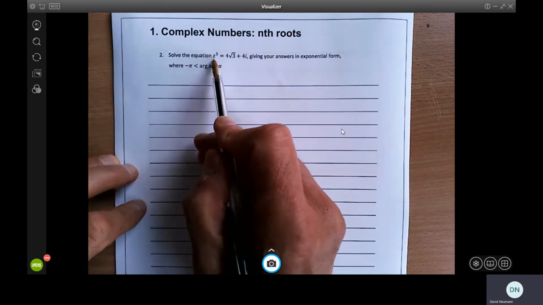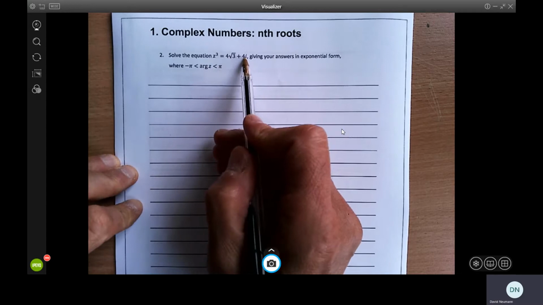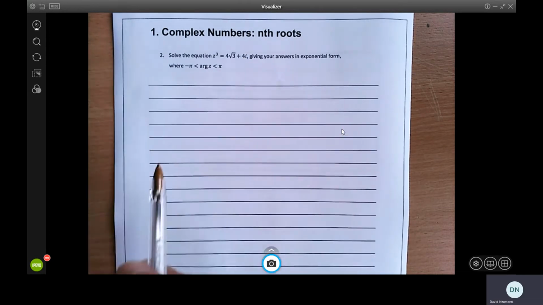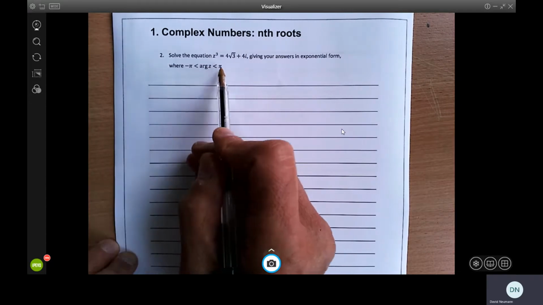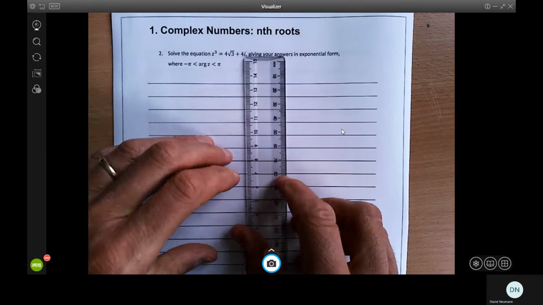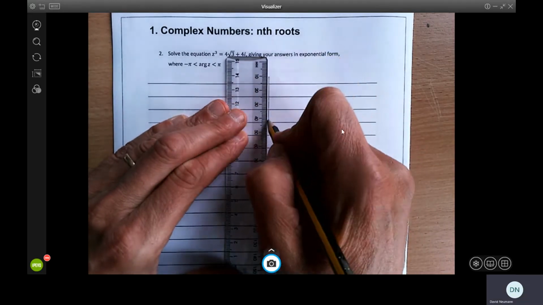We're going to solve the equation z cubed is equal to 4 root 3 plus 4i, giving our answers in exponential form, and we want argument of z, as usual, to be between minus pi and pi. So let's just quickly sketch out a little diagram here.